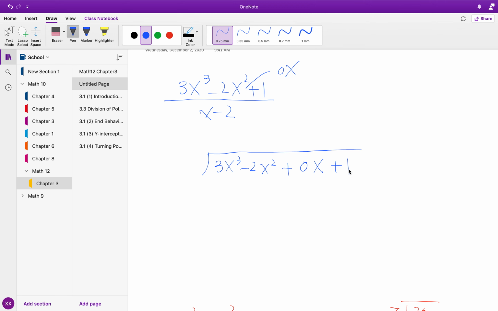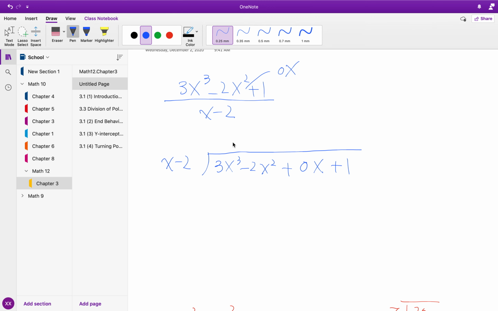Okay, all right. Now my divisor is x subtract 2. My way of doing long division is a little bit different. It's the same thing, but my way of doing it is at a different place. The location where I write the first quotient, all right?